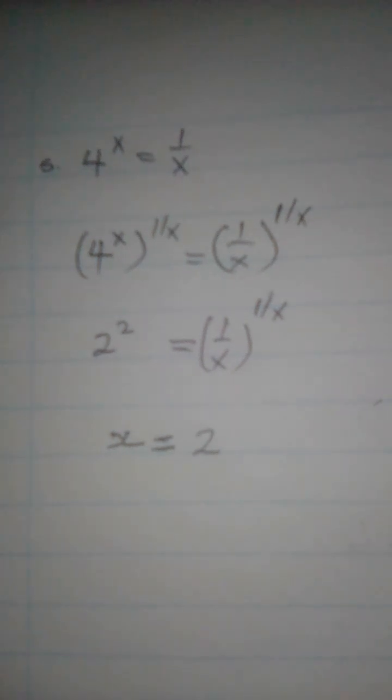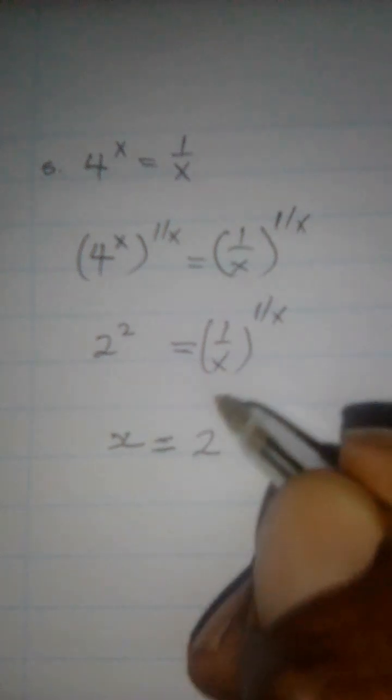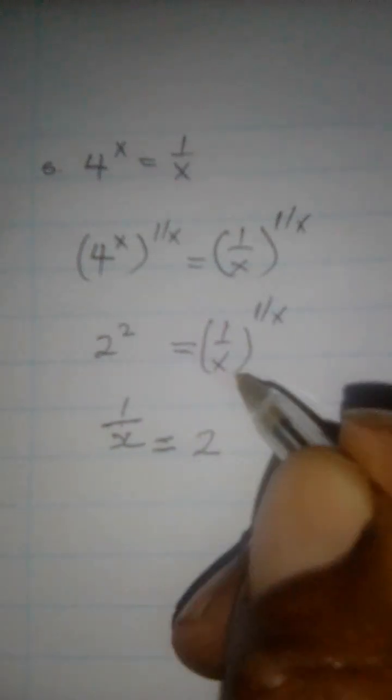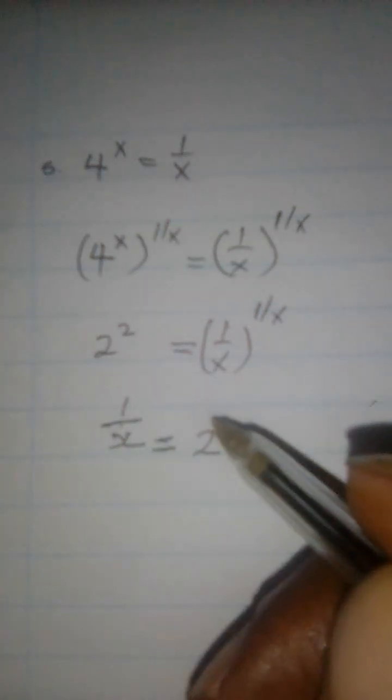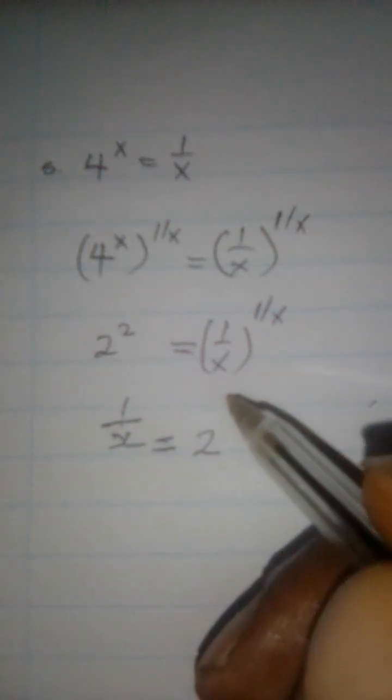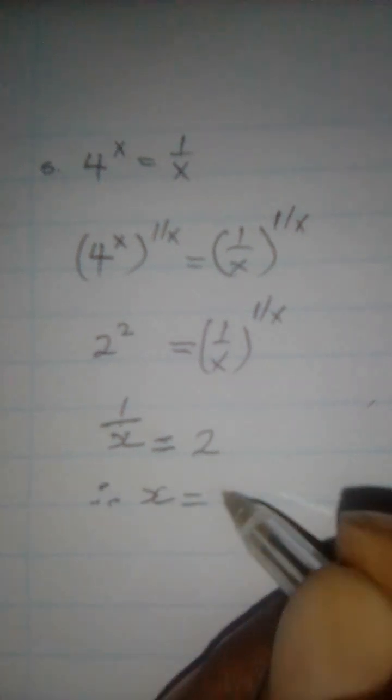So from here, just to make things easier for understanding, 1 over x equals 2. I'm going to write 1 over x equal to 2 from here, because you see wherever there is 1 over x there is 2. So 1 over x equals 2 in the power, and on the base 1 over x equals 2. Therefore x equals 2.